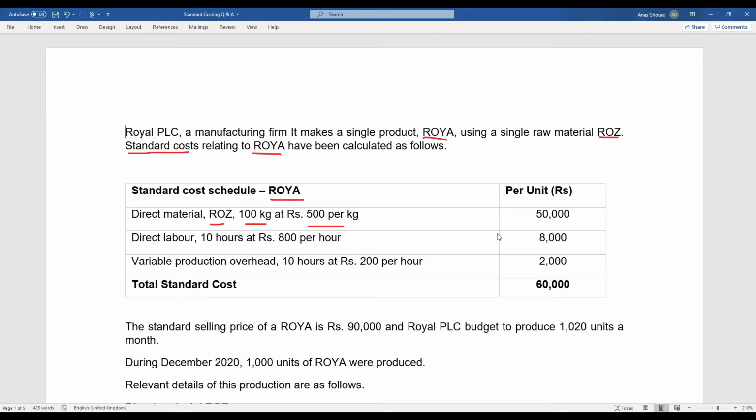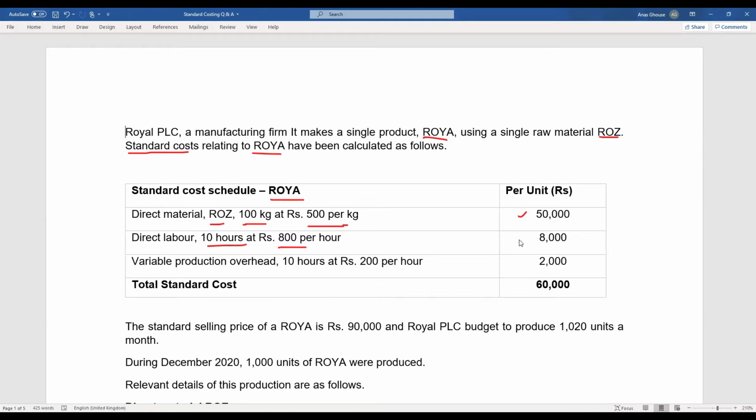So the direct cost per unit is 50,000, because this product requires 100 kg at the rate of 500 per kg. Direct labor: 10 hours at 800 per hour.